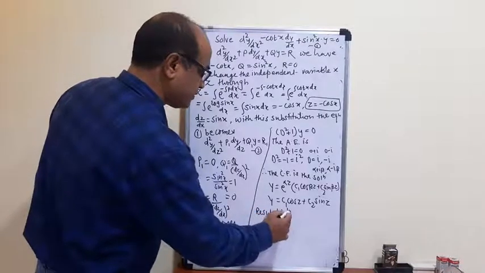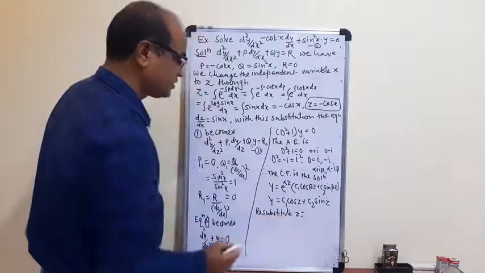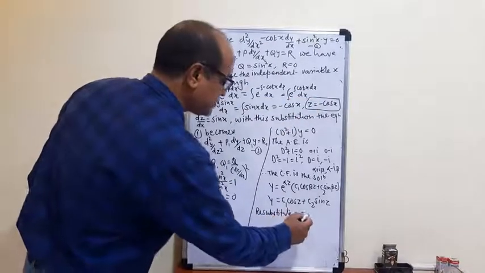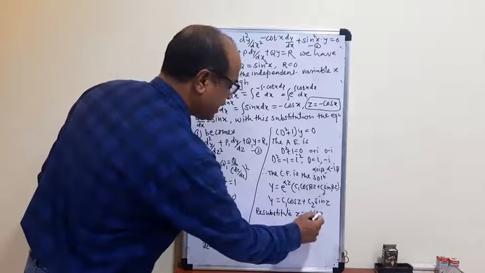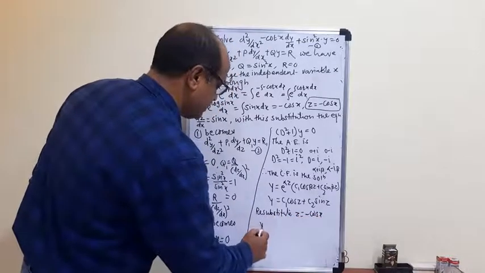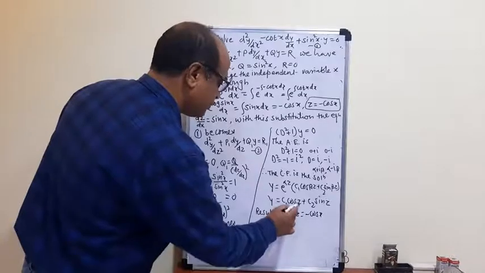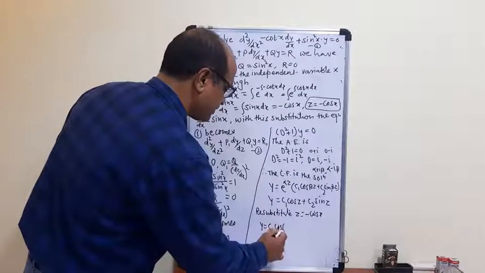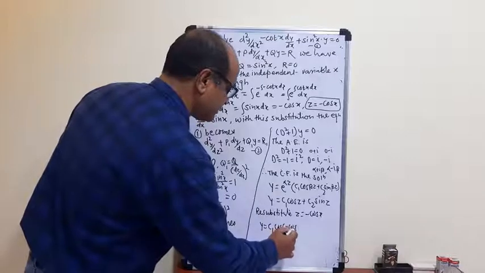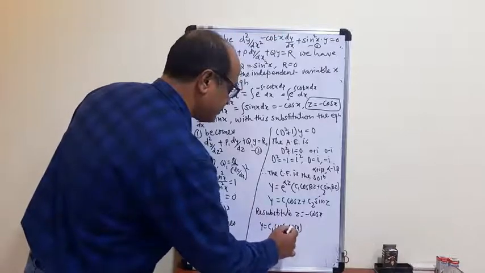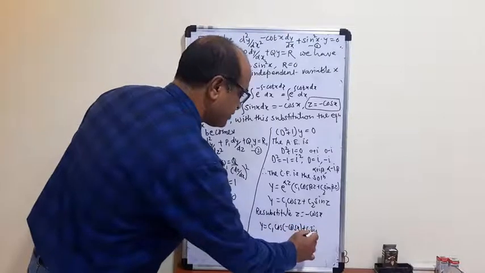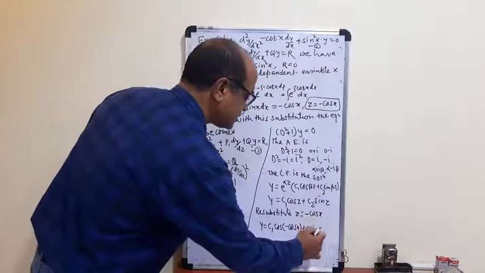Resubstitute. What is z? Z is equal to minus cos x. So we get y is equal to C1 cos of minus cos x plus C2 sin of minus cos x.